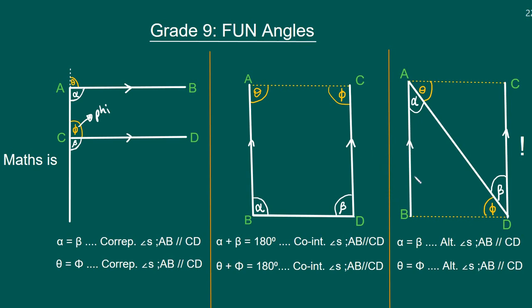Let me test you a bit. Let's say I were to put an angle here, and then I would call it Z. Can you tell me which ones are co-interior angles on this shape here? Anyone?